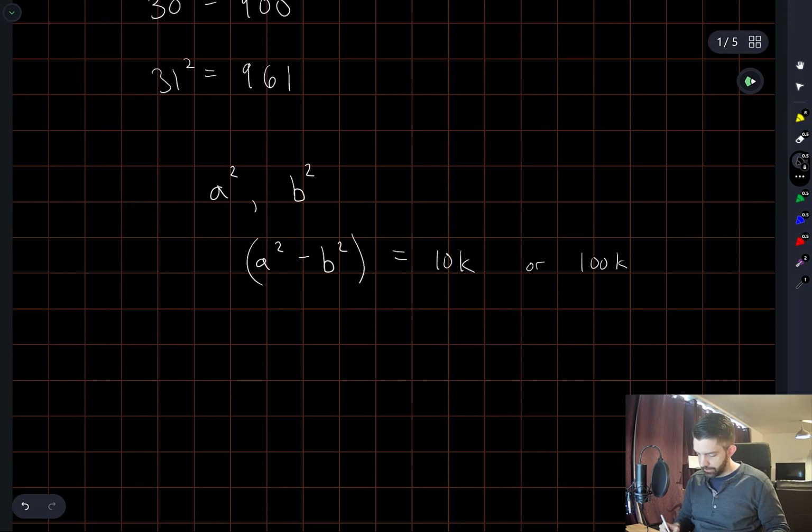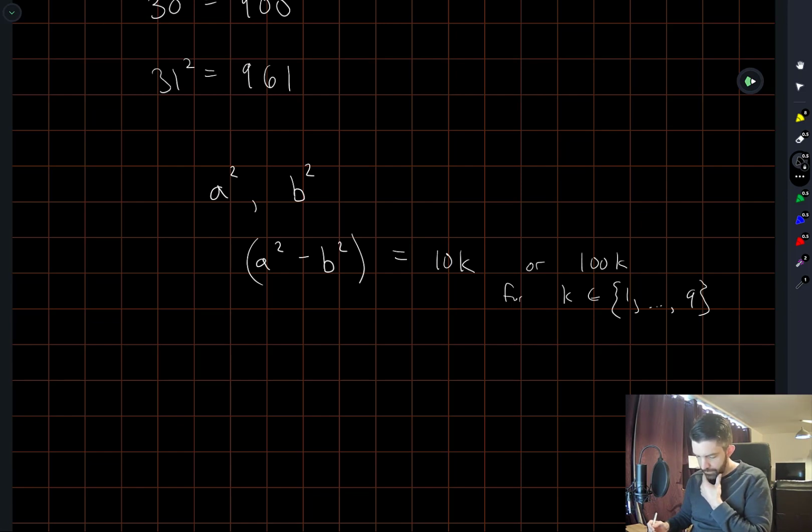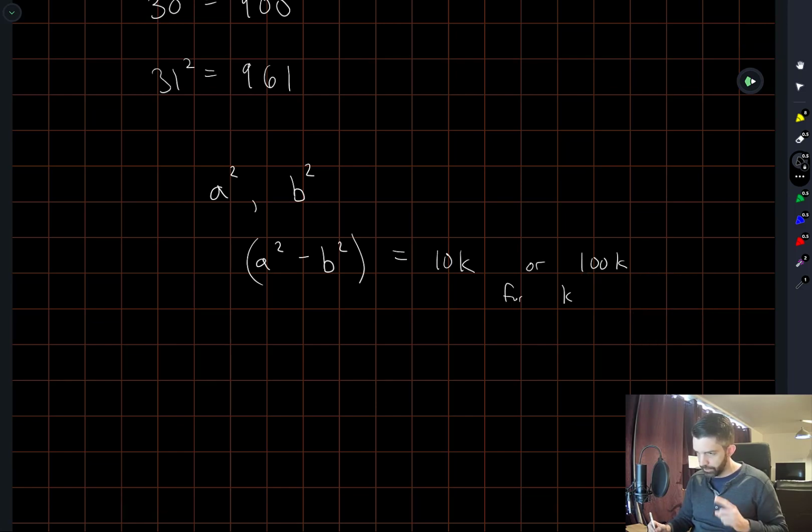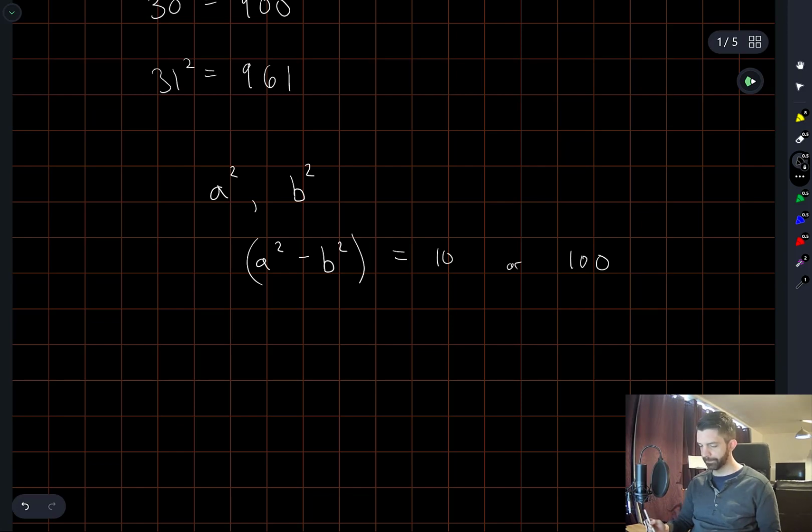And we need k times 10 or 100, for k between 1 and 9. No, we don't. We need k to be equal to 1, don't we? Because the difference between the different digit is only 1. So k equals 1. Okay, so this is equal to 10 or 100.